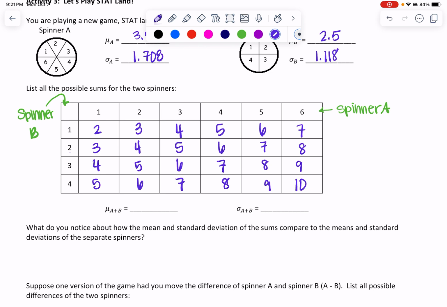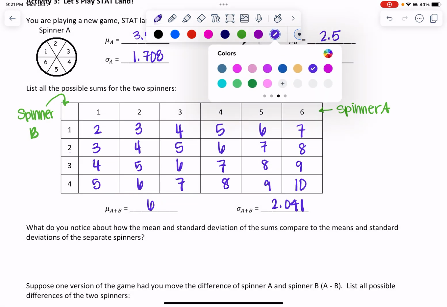When I calculate it, the mean comes out to be 6 of A and B, and the standard deviation comes out to be 2.041. Sorry, I forgot the 1. Okay. What do you notice about the mean and the standard deviation?